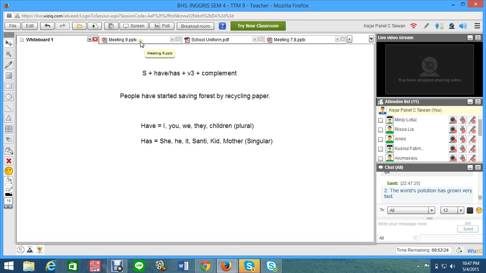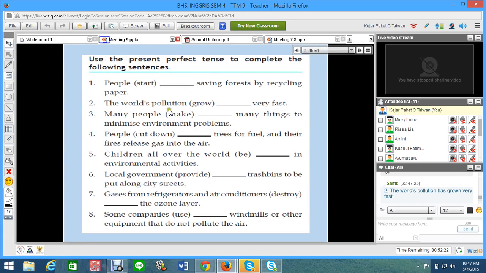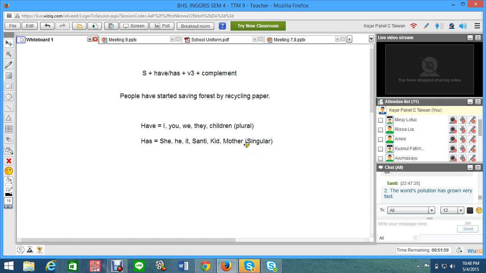Okay, number 2, let's check. The world pollution has grown. Okay, the verb 3 dari grow: grow, grew, grown. Okay, that's correct. Okay, thank you. Okay, jadi world pollution di sini menggunakan has because world pollution belongs to singular, belongs to it.